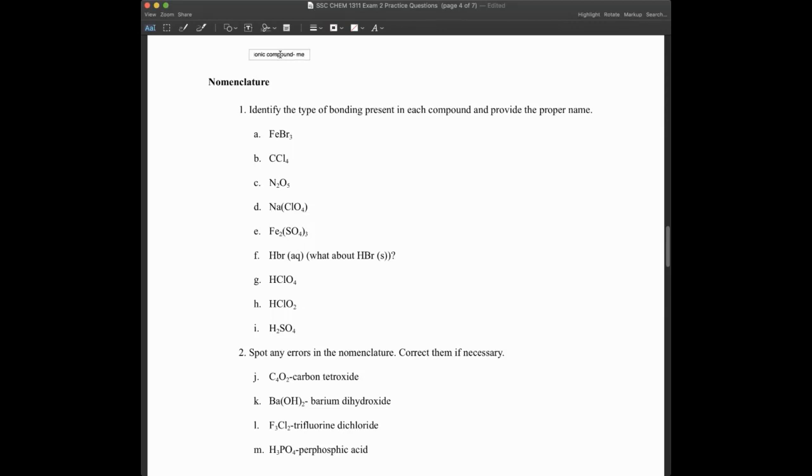Good. So ionic, like was mentioned, is a transferring between metal and non-metal, right? And then covalent is between non-metals.